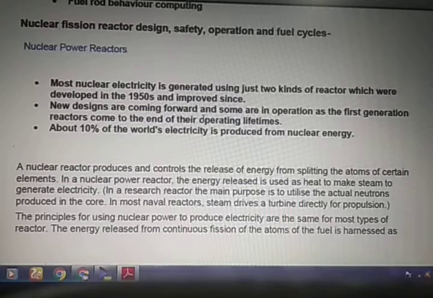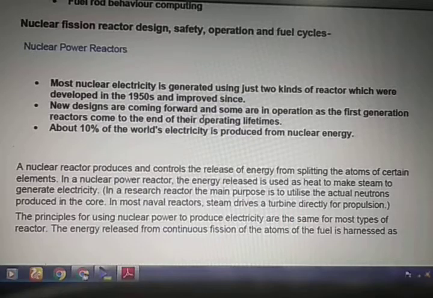Most nuclear electricity is generated using just two kinds of reactors, which were developed in the beginning of the 1950s. Actually, new designs and their operation prove the first generation of reactors are at the end of their operating lifetime.